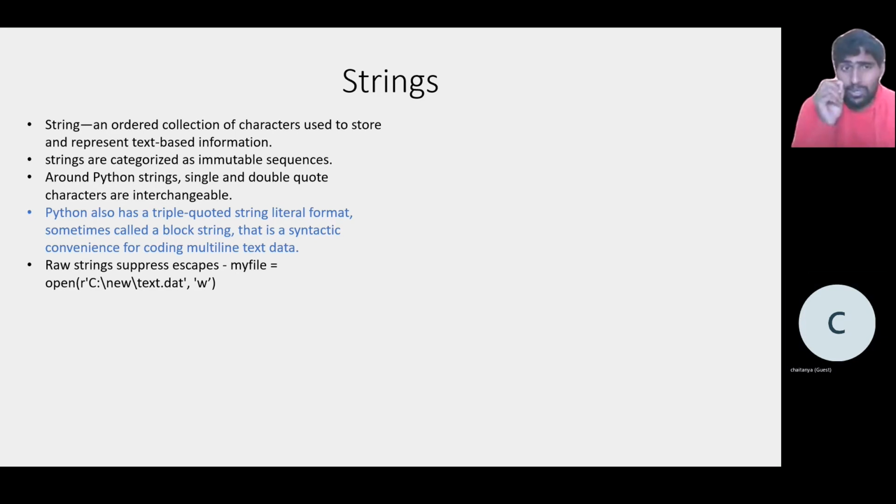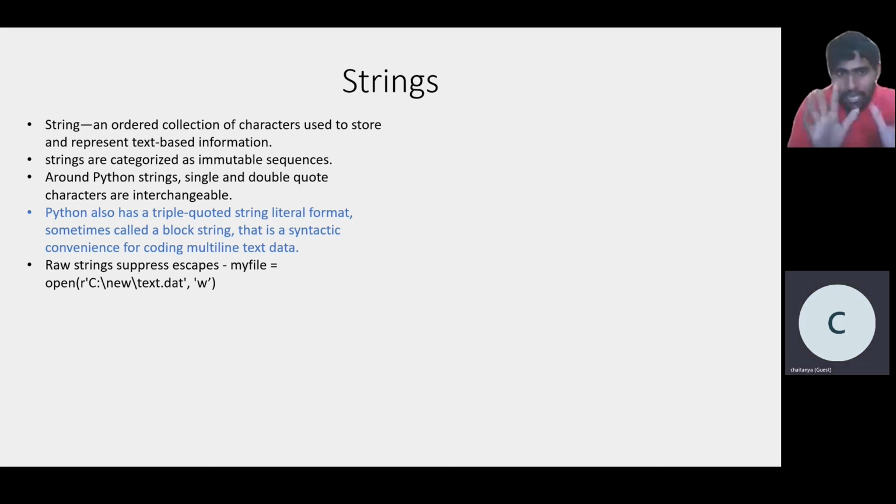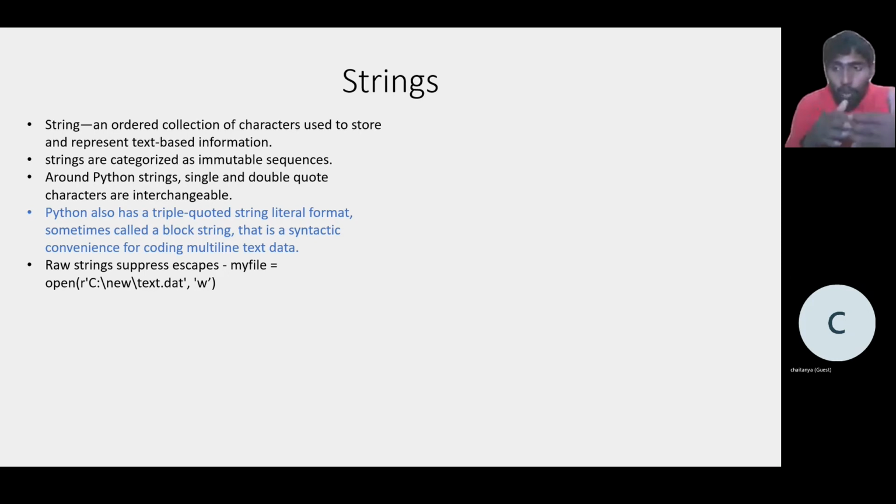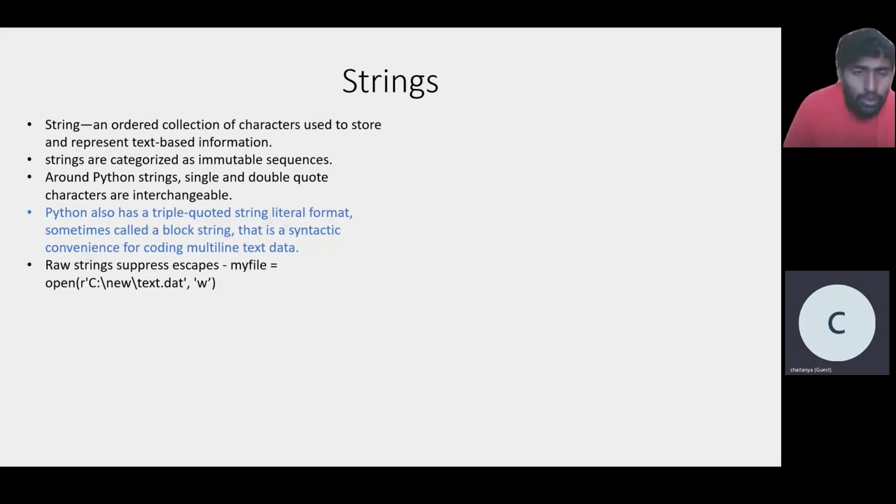Because in a string we cannot put some special characters. Space you cannot put. If you give space, it doesn't consider it. It will leave it like that. And if you want to enter a new line, it is difficult. Yes or no?